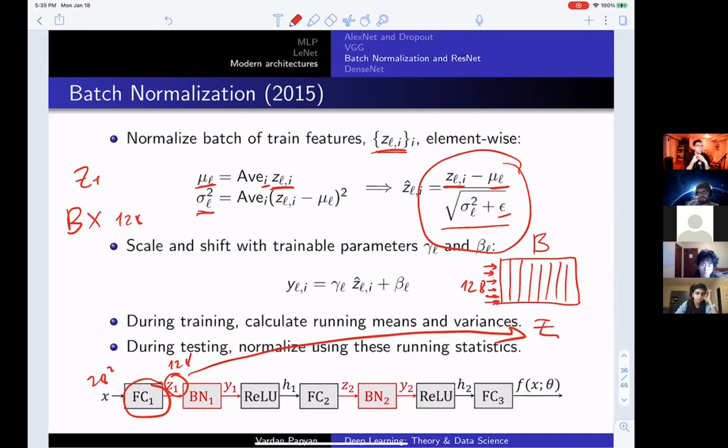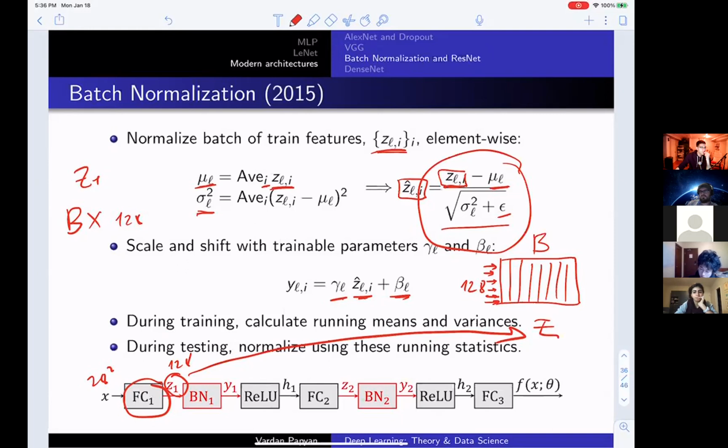Now, after you take these features z and normalize them, we get z hat. Hat stands for normalization. The next thing they said was, let's take this z hat and multiply it by a scalar and shift it by a scalar, so basically apply an affine function.